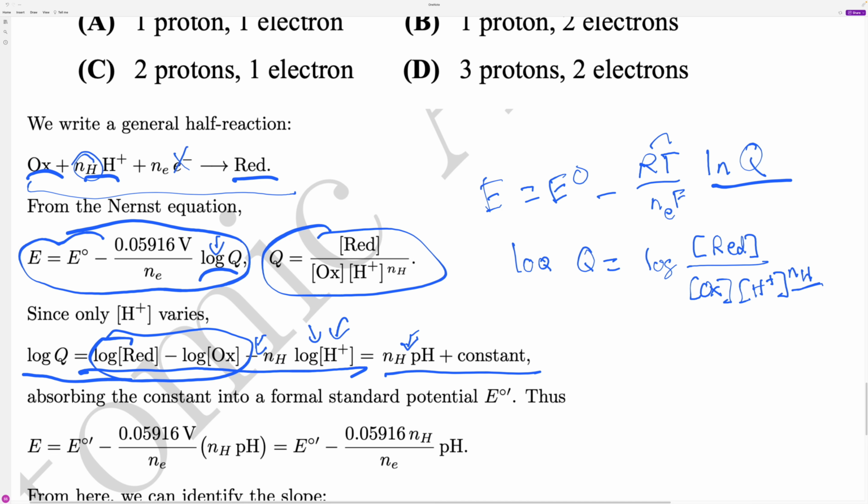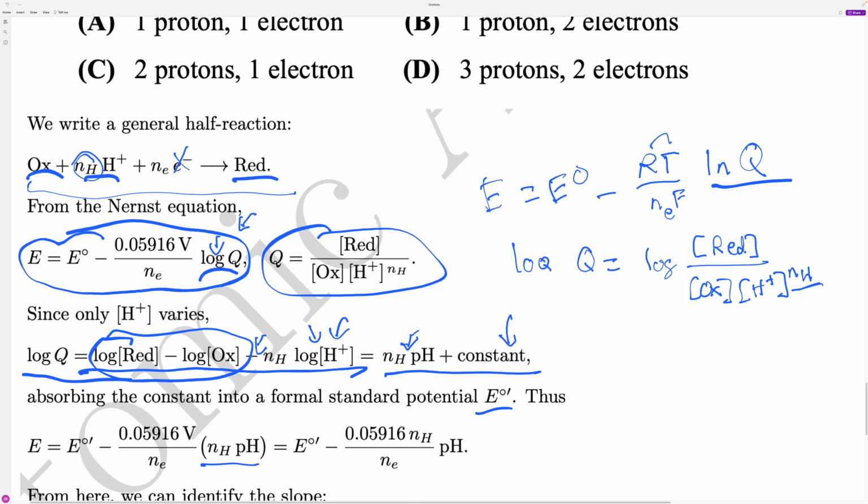So from here, what we can do is plug in NH pH for log Q here. And you might be wondering, where'd this constant go? It still is part of the equation, and you're absolutely right. But since we're focusing on the slope, we just name a new formal standard potential.